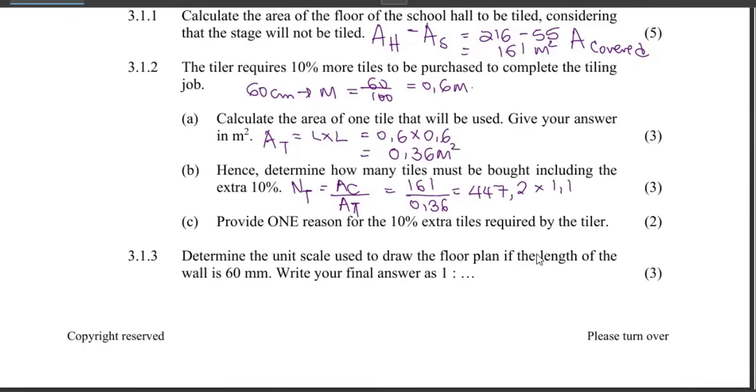Because it's extra. I need to increase this by 10. So I got my 100, I added the 10%, and I divided by 100. That's where I got my 1.1. If you do this on your calculator, you get the answer like this. So I'm multiplying 447.2 times 1.1.